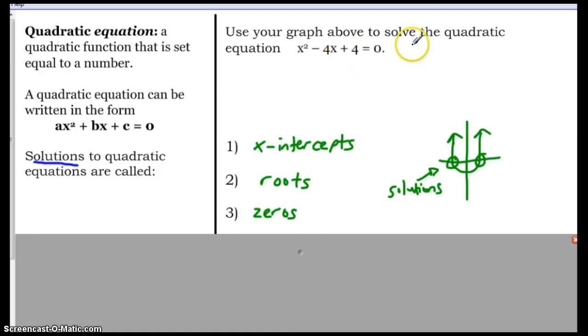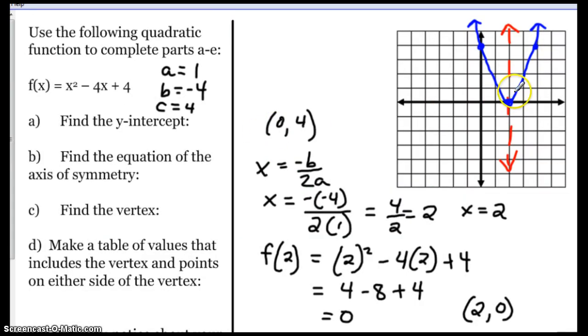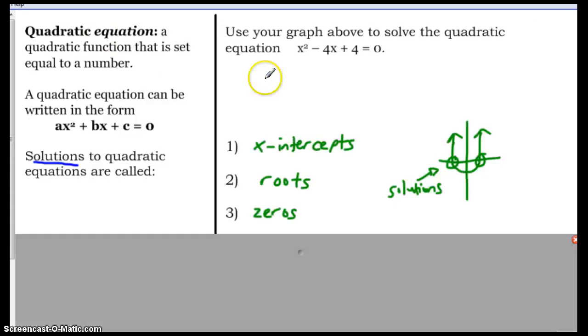So when they ask to solve the quadratic equation, you can solve it by graphing by setting it equal to 0. We already graphed it, so we can see where the function is 0. In our graph, and the one before, the function is 0 when x is 2.